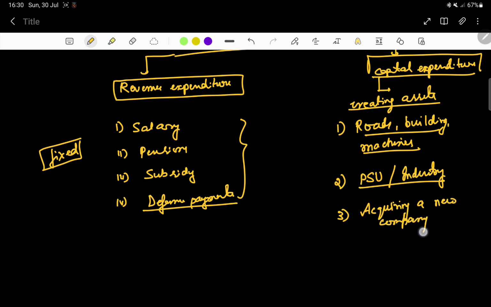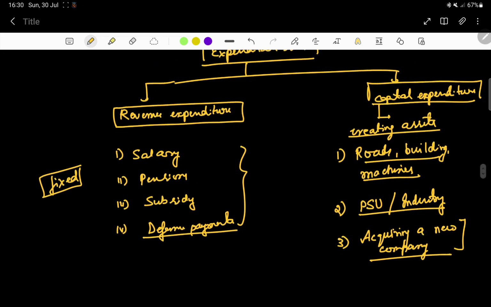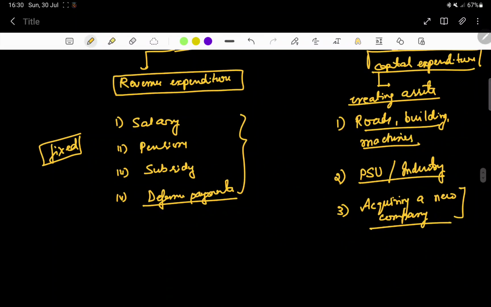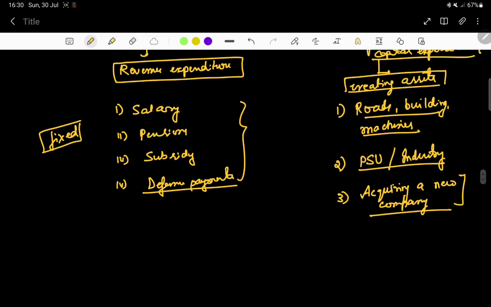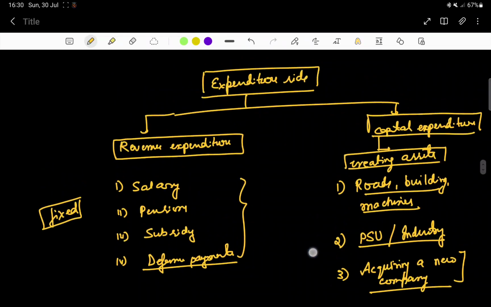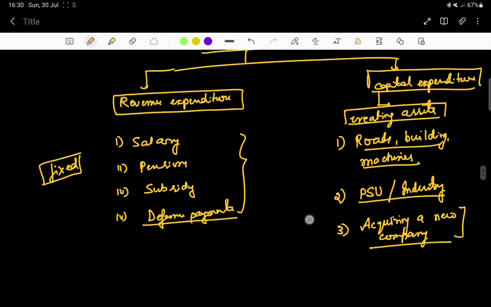You have to give the money, and that company becomes part of you. This is expenditure because the money is going, but you are creating an asset. So we have seen roads, buildings, machines, PSUs, industries, acquiring new companies. These are broadly termed the expenditure side.